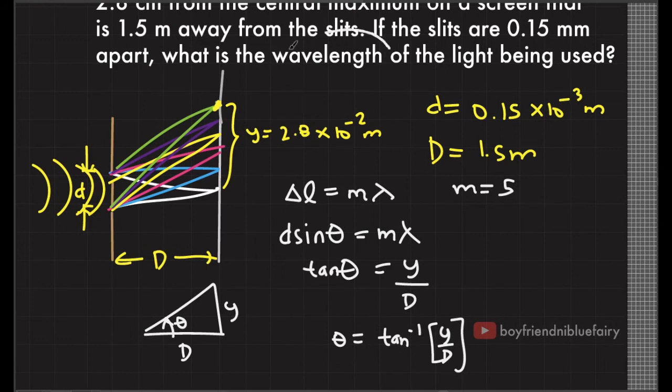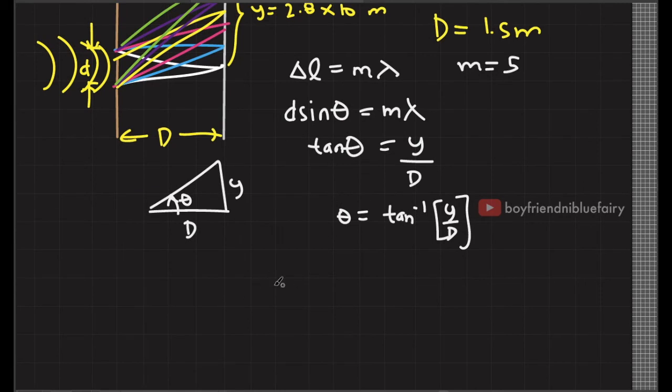We're looking for the wavelength, so rearranging in terms of wavelength, lambda equals d sine theta over m.